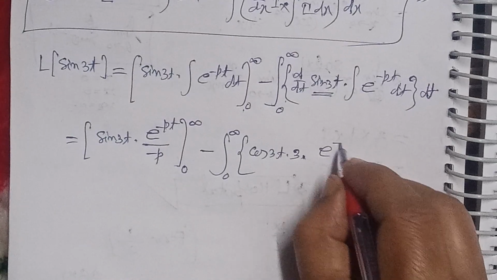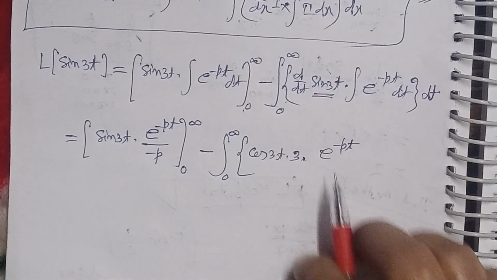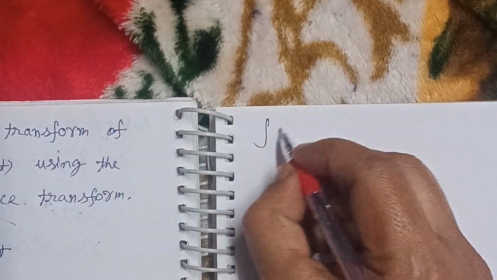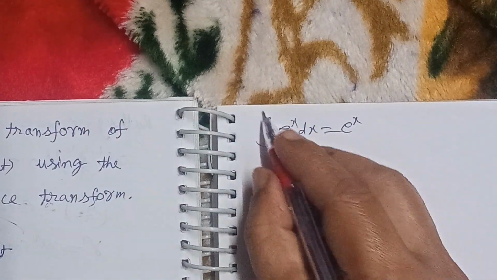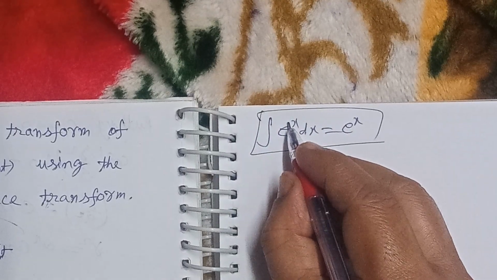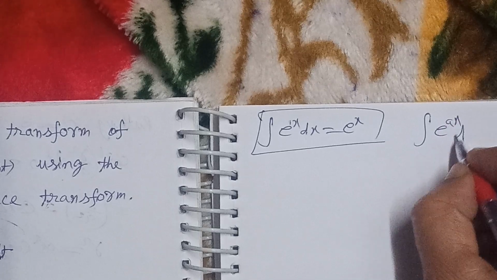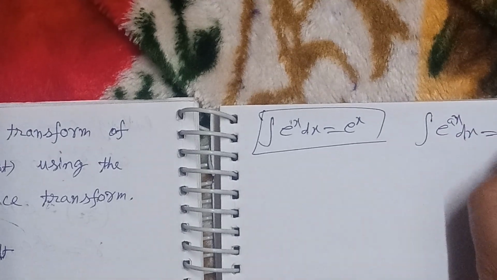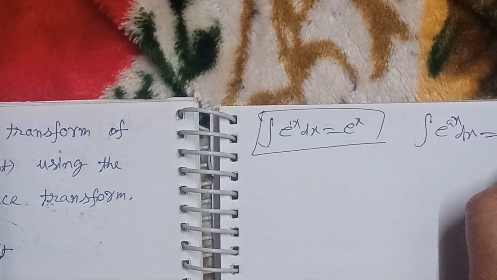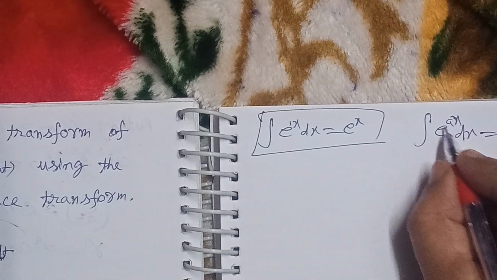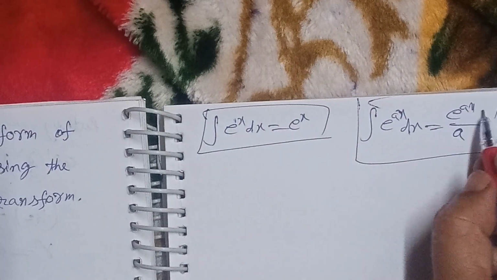After it, integrate e to the power minus pt with respect to t, which is equal to e to the power minus pt, and we know that integration of e to the power x with respect to x is e to the power x. What if the coefficient is other than 1, like e to the power ax? Integration of e to the power ax is e to the power ax divided by a, which is the coefficient of x.